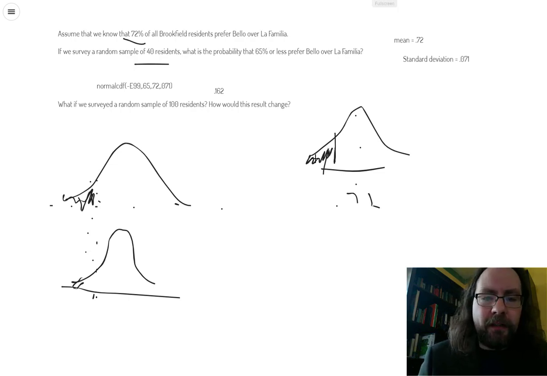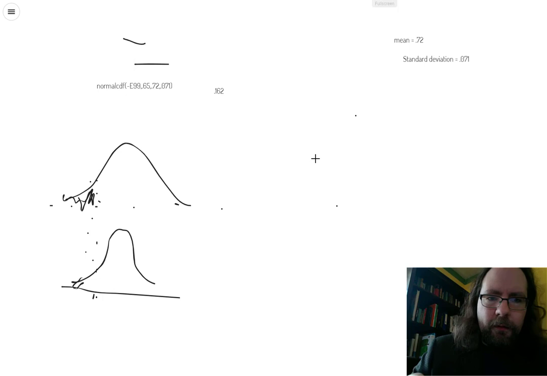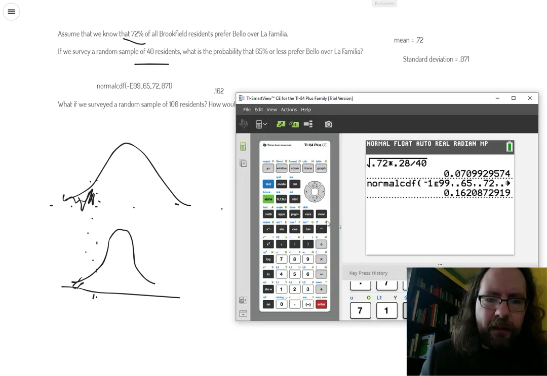But let's actually do the math, because that's what we're here to do. I'm going to get rid of this because I don't need it. Oh, made too much go away. There we go. And let's actually just do the math here. So I need a new standard deviation because my n changed.